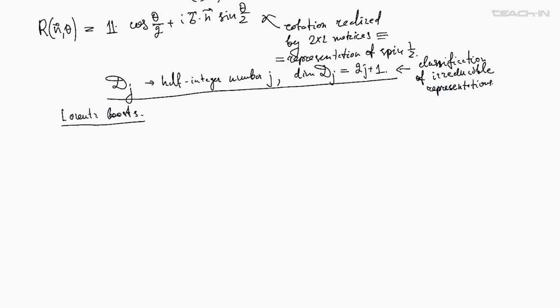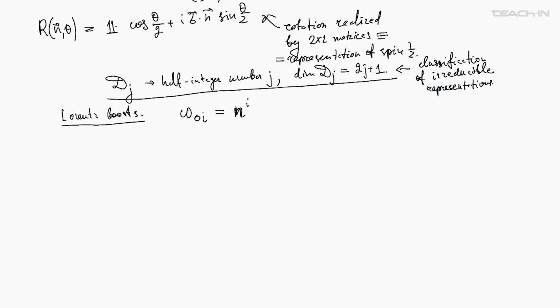So for Lorentz boosts, we have omega_{0i} given by the formula n_i, so again a rotation axis, multiplied with a hyperbolic angle, which I call vartheta.